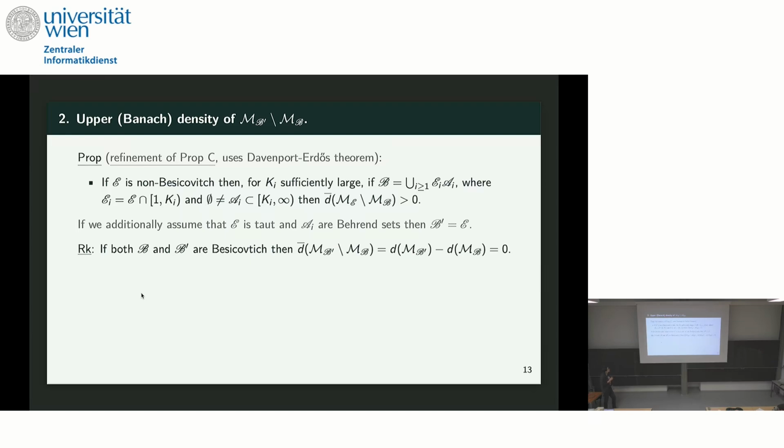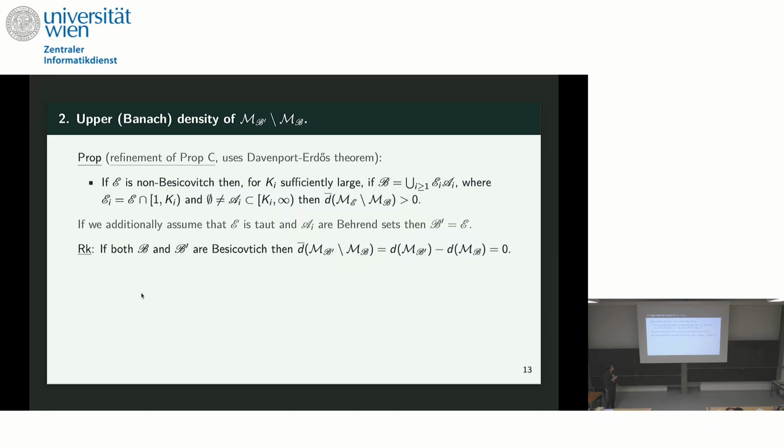Let me tell you something more about this upper Banach density of this difference of sets of multiples. There is the following proposition, which is a refinement of proposition C, and it uses the Davenport and Erdős theorem. If E is non-Besicovitch, then for K_i that are sufficiently large, if B is of the form as before, these scales and patterns and the union of those, where E_i is just the intersection of E with the interval 1 to K_i, and A_i are large, then the upper density of these sets of multiples will differ.